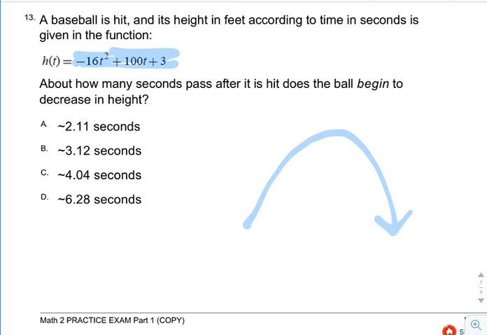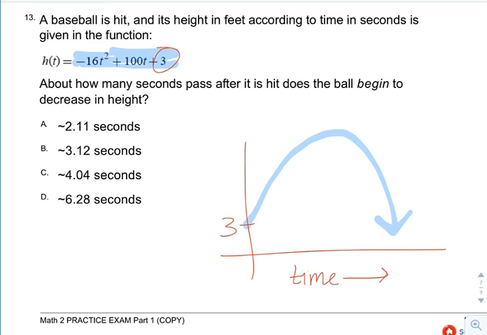Okay. So here's our general graph, right? Starting at 3, because that's the y-intercept from that previous question. And as time goes on, it's going to gain height and then start to fall. I'm thinking they want to find that vertex right there.